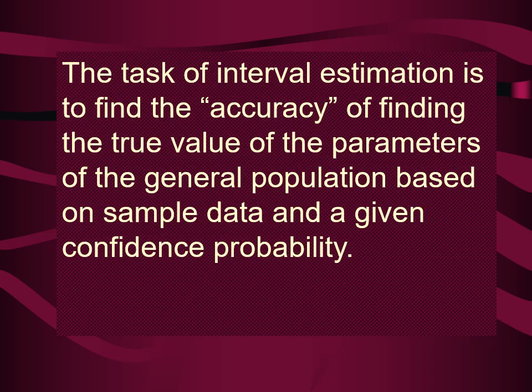The task of interval estimation is to use the sample data and a given confidence probability to find the accuracy of finding or hitting the parameters of the general population in a certain interval found.